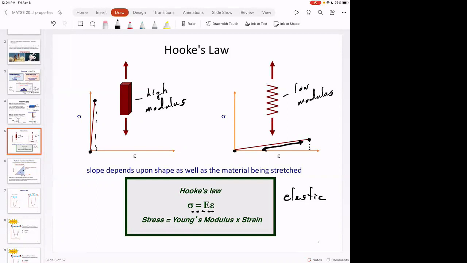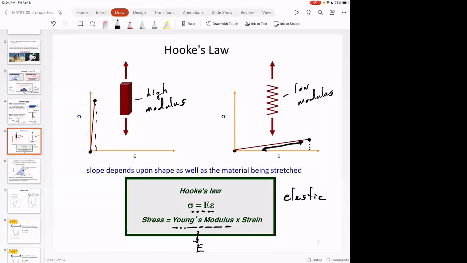So formally, the linear part of the stress strain curve is called the Young's modulus. And we usually say at low extension to make sure we're in the linear regime. This coefficient, E, is the Young's modulus.